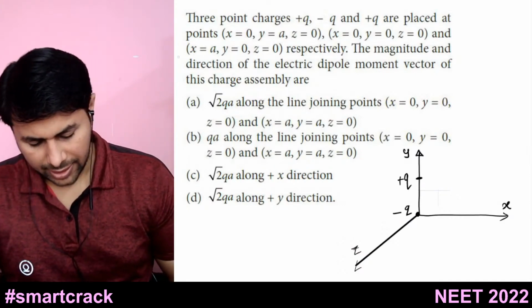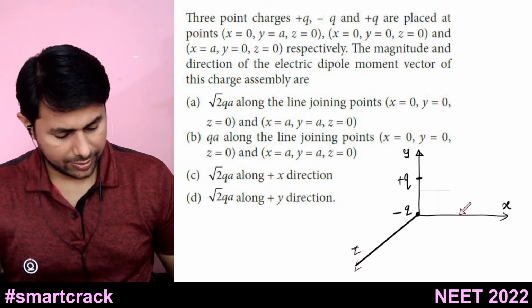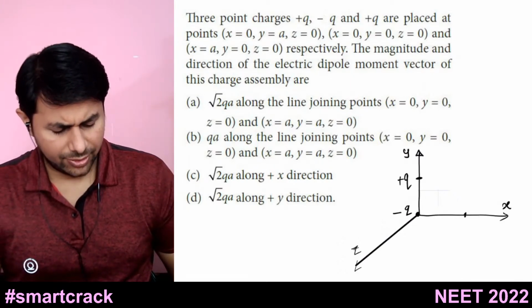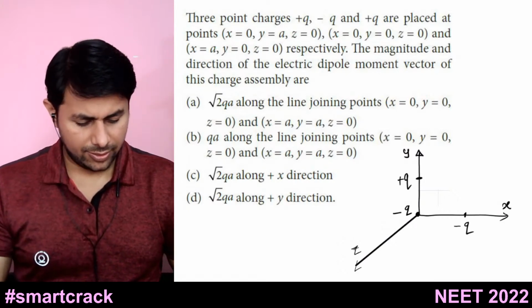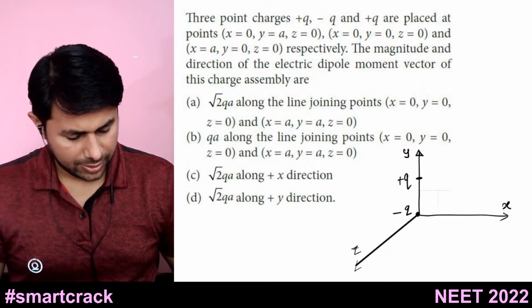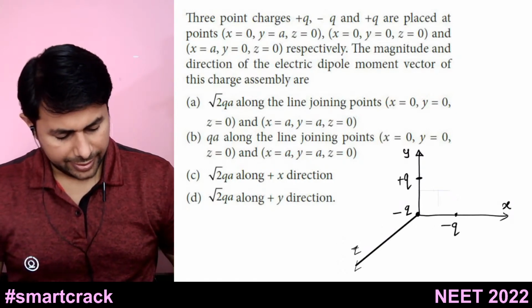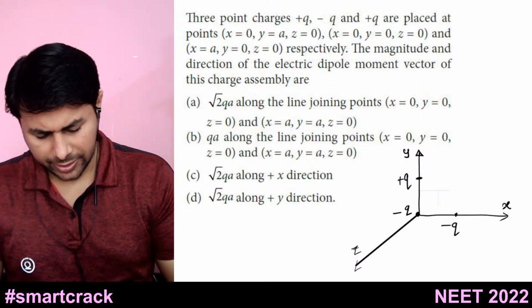And then at x equal to a, y equal to 0, z equal to 0, it will be somewhere here. Y is 0 and z is 0. So charge is over here, plus q. The distances should be the same. This is a, this distance is also a.